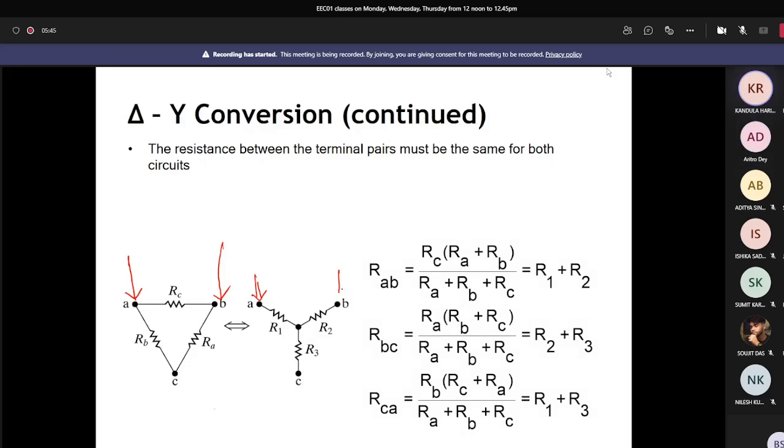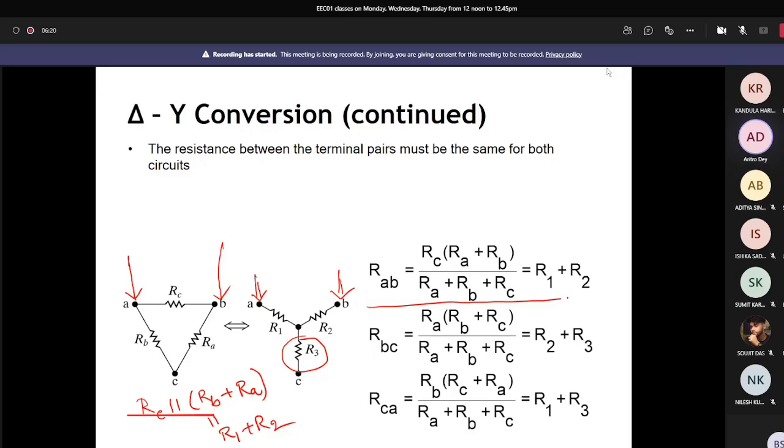Between A and B, it is RC parallel to RB plus RA, right? And here, this terminal is open, which means R3 is not playing any role. So the equivalent resistance between terminals A and B is equal to R1 plus R2. That is what is written here, right?